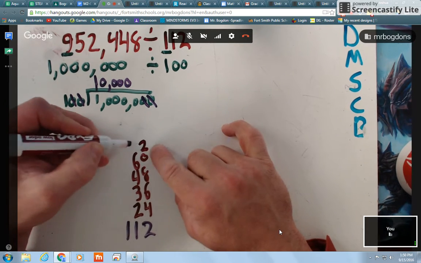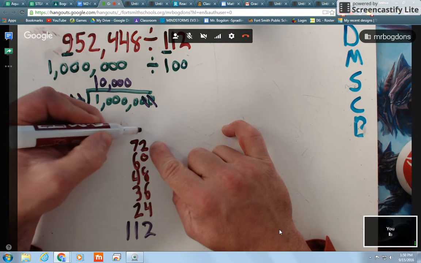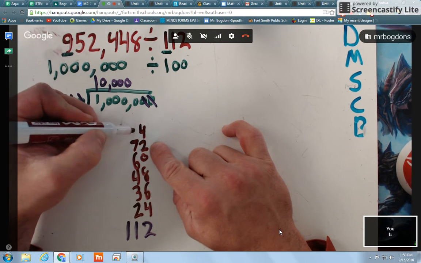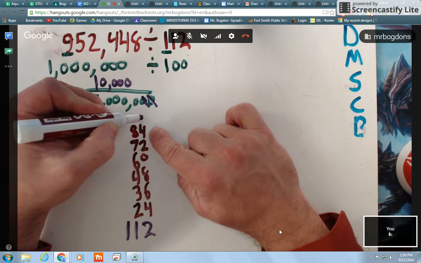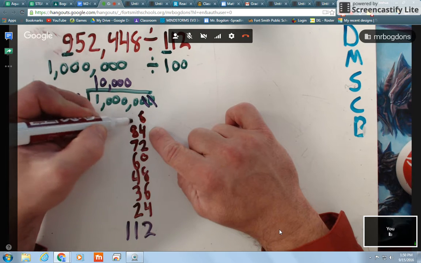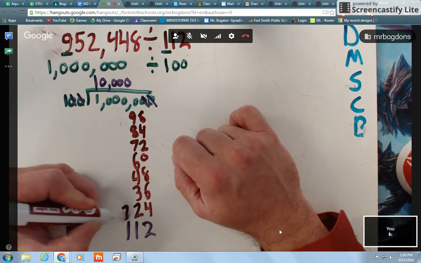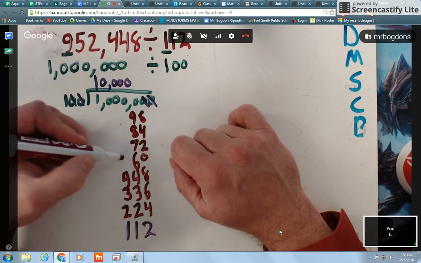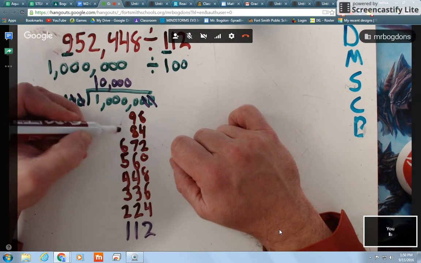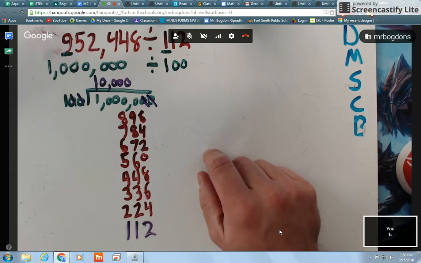I increase the 1s by 2, the 10s by 1, the 1s by 2, the 10s by 1, the 1s by 2, the 10s by 1. And this just goes 1, 2, 3, 4, because I'm just adding 100 each time. 5, 6, 7, 8.